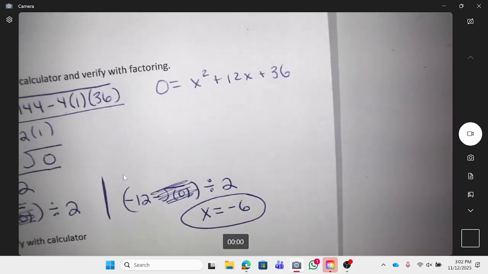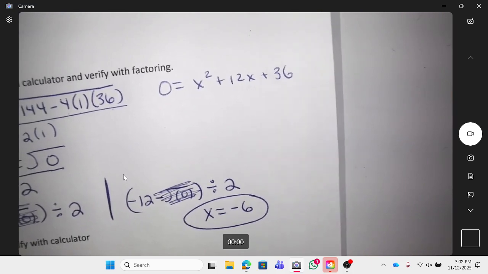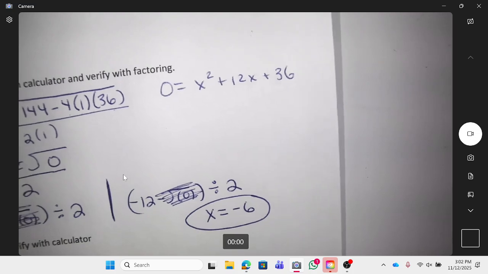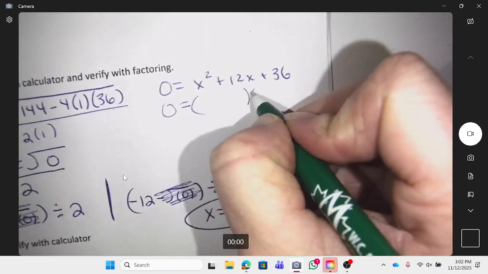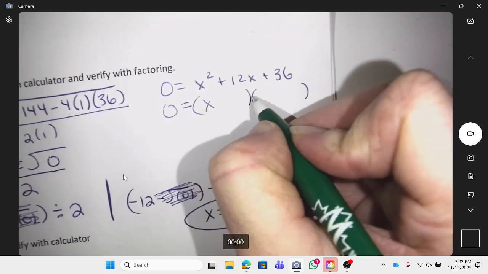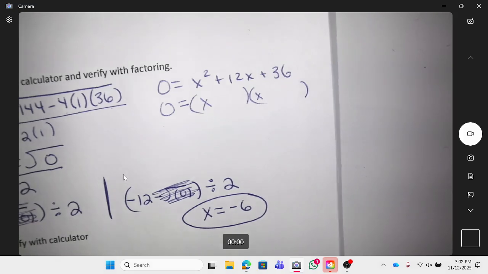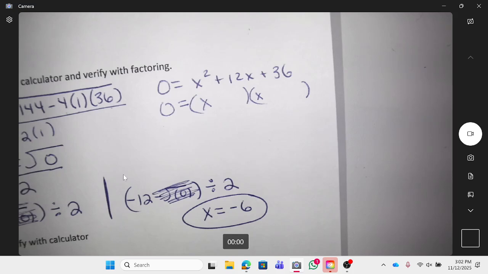Okay, so factoring verification, that's what it wants us to do. Here we go. Simple trinomial. X times x gets me to that x squared. What times what will be 36 and add to 12?